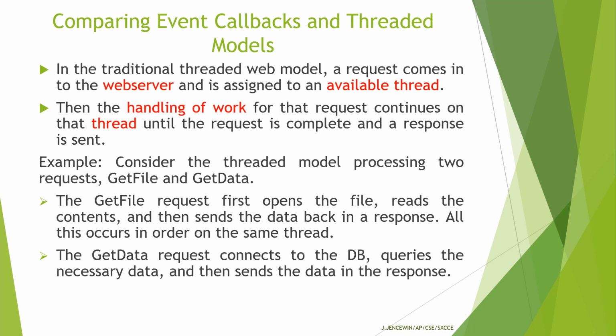For example, if you want to process two requests, one is get file and another one is get data. Get file is used to access some information from a file, and get data is used to get information from the database.